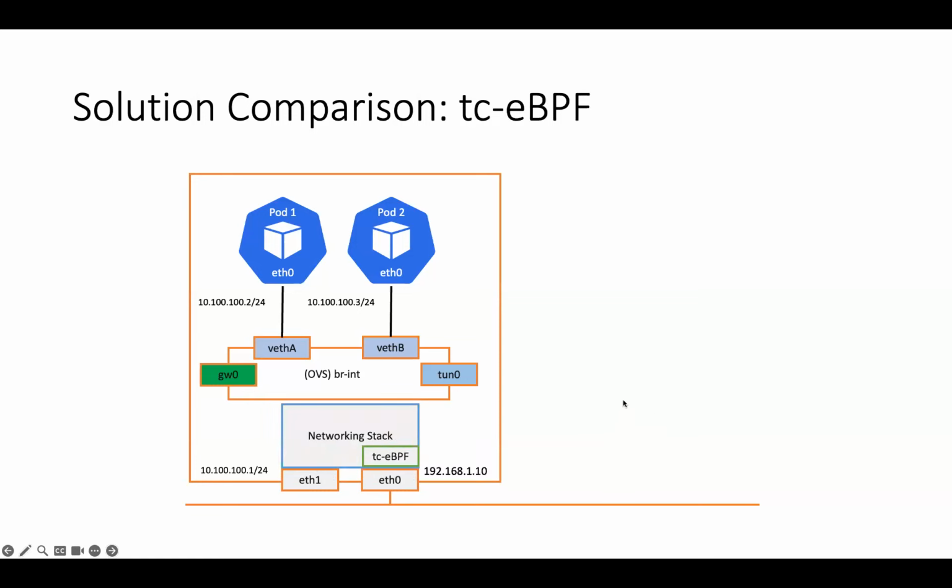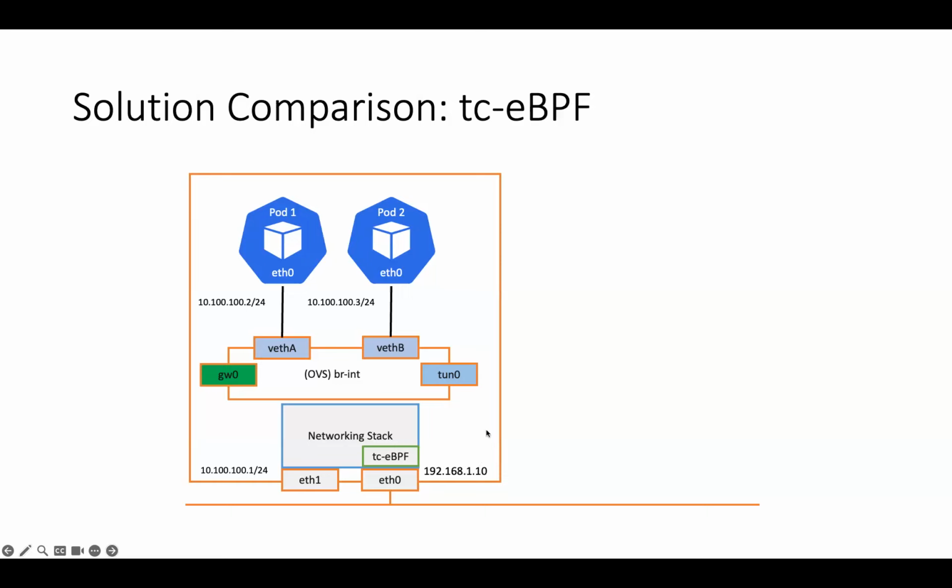There is another solution that is used by some other CNIs. It essentially leverages the TC eBPF hook, so that the agent could inject programs into the kernel and filter the traffic according to the policies.